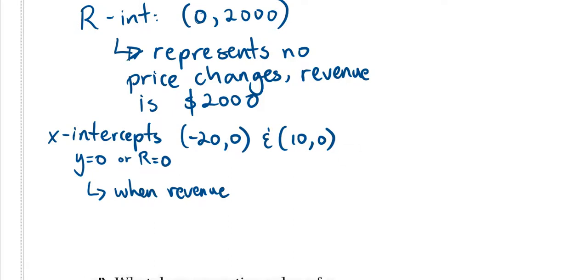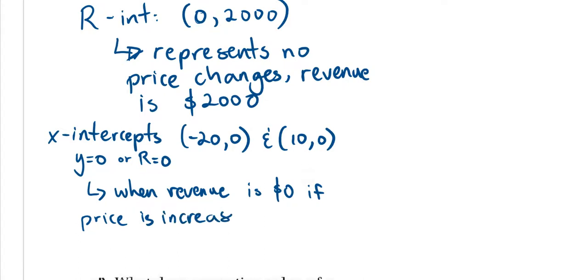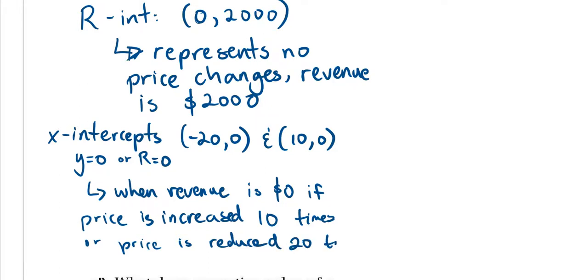So revenue is $0 if the price is increased 10 times, or the price is reduced 20 times. 20 times is obvious because if your ticket price originally is $20 and you reduce it $1 20 times, it's zero.